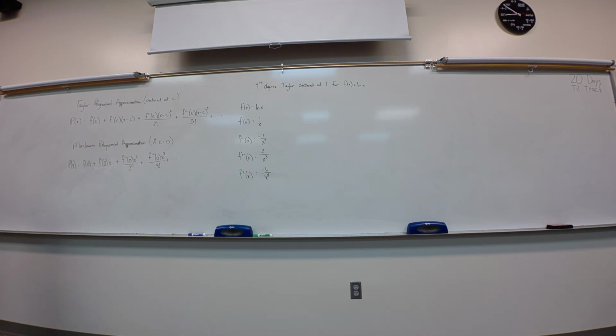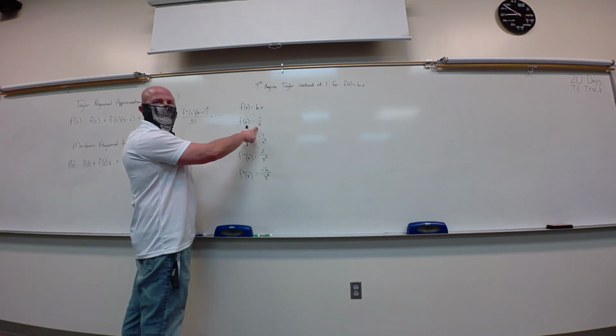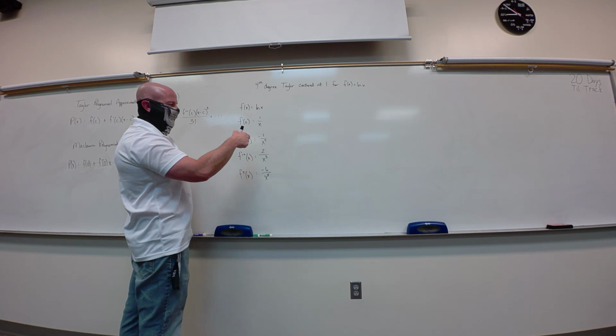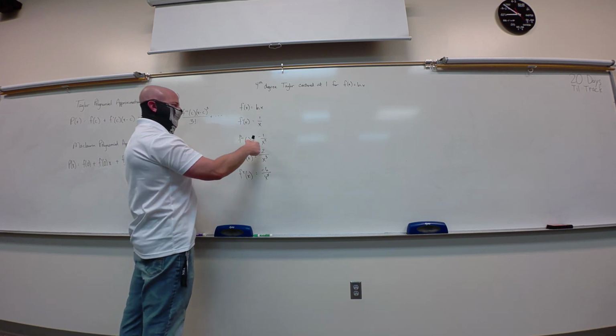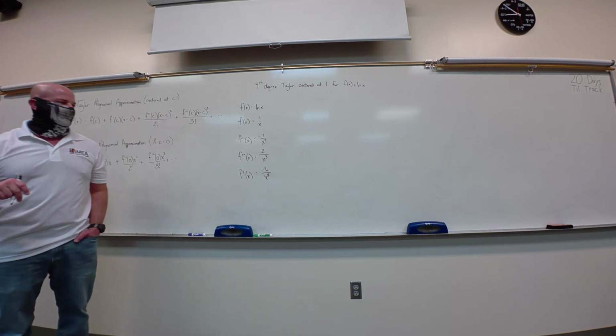And check my work there. We agree with those? Remember, I think of it as power rules. x to negative 1. So you'd have negative 1, x to negative 2. Comes down, positive 2, x to negative 3. Down, negative 6, x to negative 4.